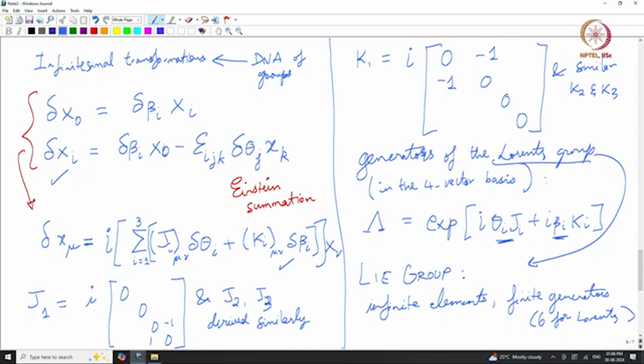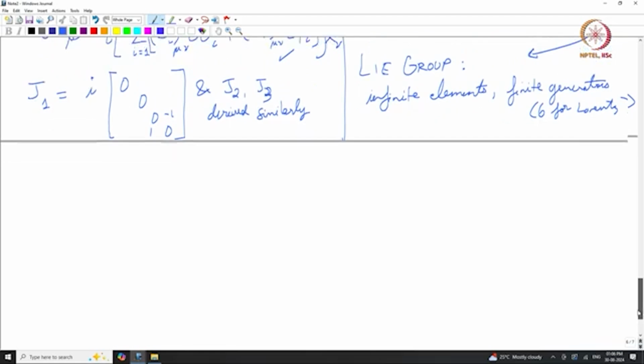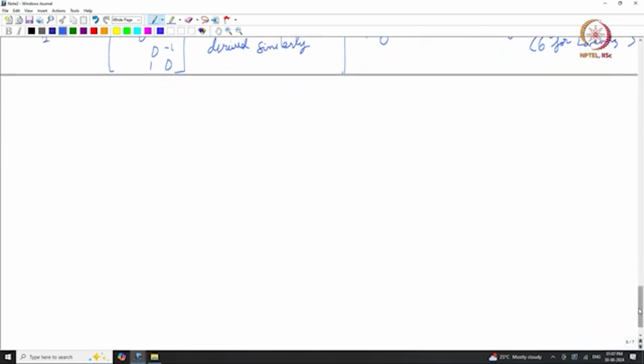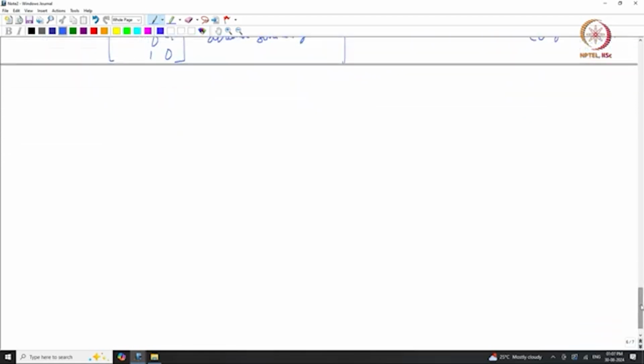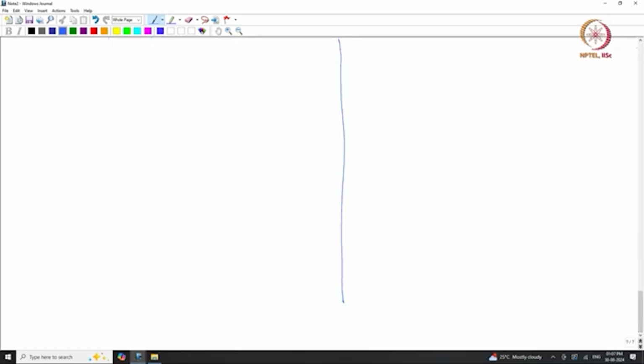Now closely related to the Lie group is something called a Lie algebra. It is not the most important thing, but it helps us organize our thoughts on groups and representations and so on. So let me just say it, and that will wrap up today's lecture.